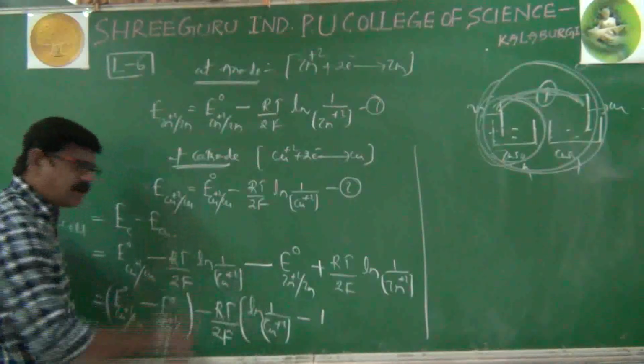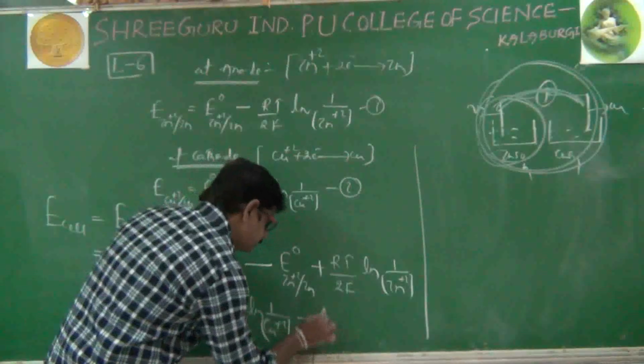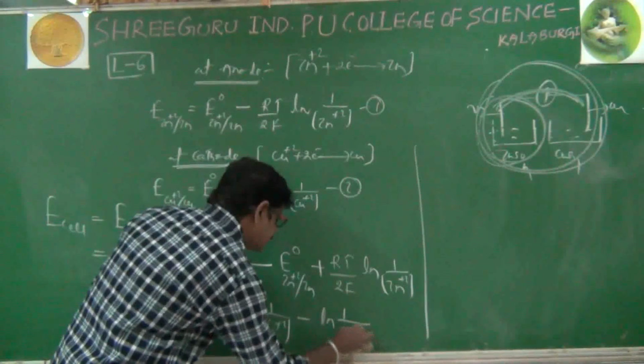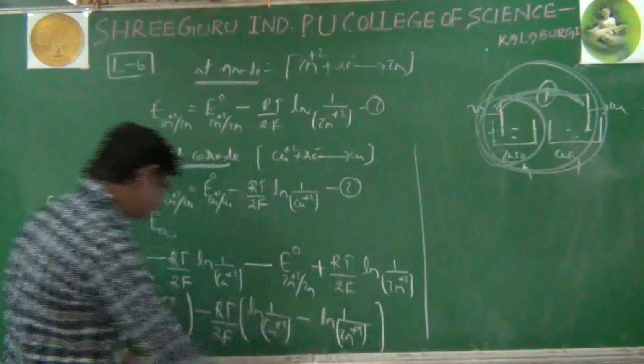RT by 2F is already taken common, therefore ln 1 by Zn²⁺, that's it.